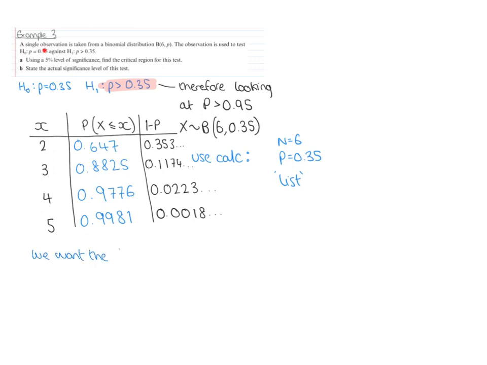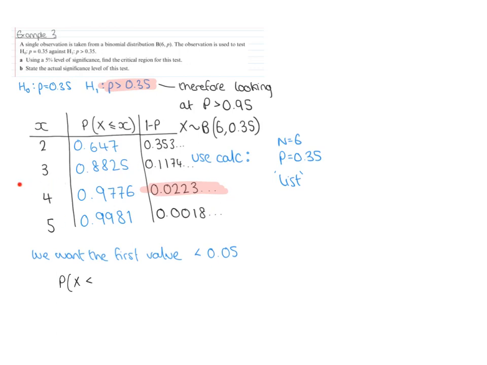The reason it's 0.05 is because it's 5%. So we want the probability of this thing happening to be less than 5%. That's what a 5% level of significance means. So that's the first value that's less than 0.05, because that was greater than 0.05.